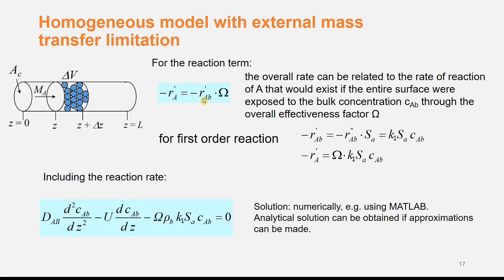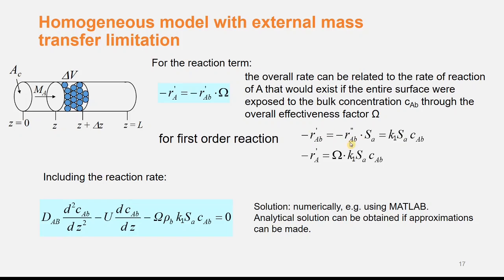For a first order reaction, we have negative RAB double prime is equal to K1 CAB. If you write the rate this way, the unit is per surface area of the catalyst, so per square meters of catalyst surface. But here we want per kilogram of catalyst, so we need negative RAB prime.